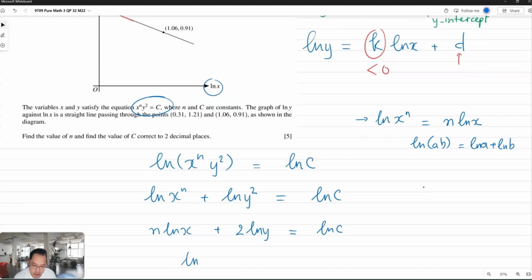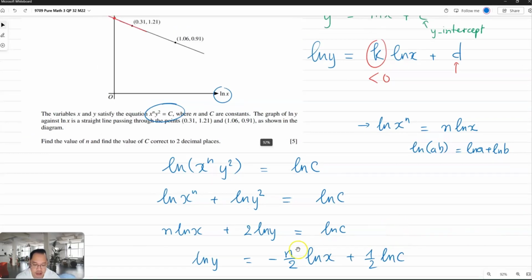We'll have ln y equal to minus n over 2 ln x, we divide by 2 here, plus 1/2 of ln c. So now this is the relationship between ln y and ln x, which is a linear relationship.